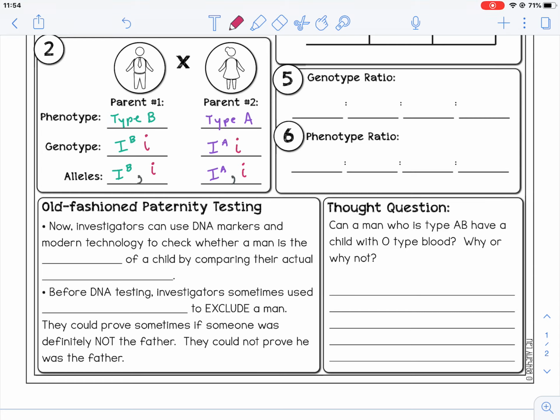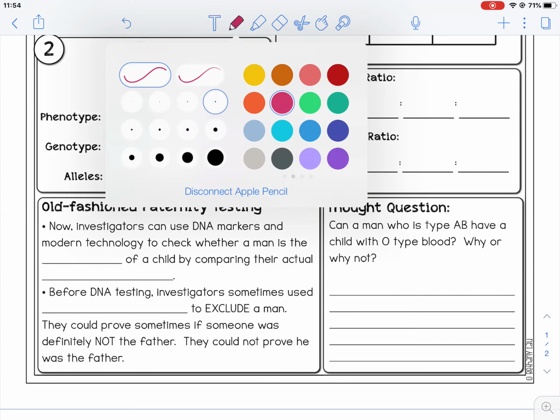So before DNA testing was discovered, and remember we talked about this in class, DNA testing was only discovered in the mid-80s. Before that, blood type was used, but it wasn't nearly as specific as DNA. So now investigators can use DNA markers and modern technology to check whether a man is the father.